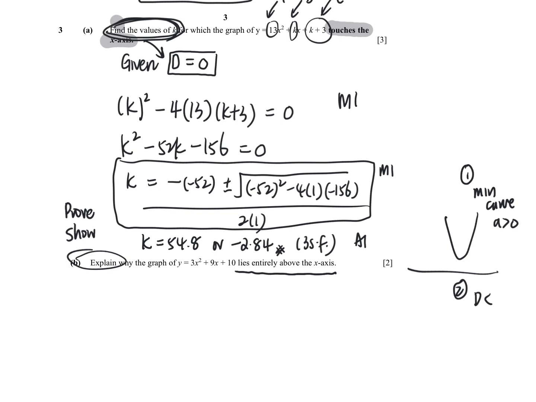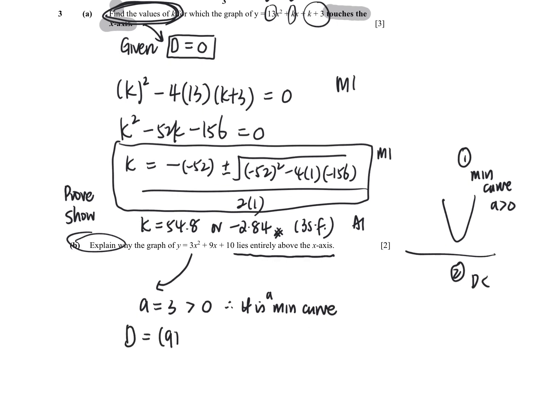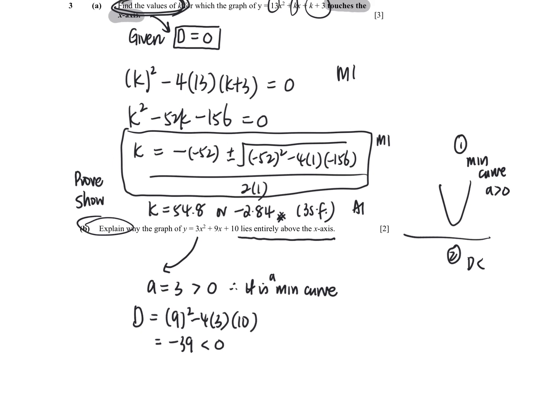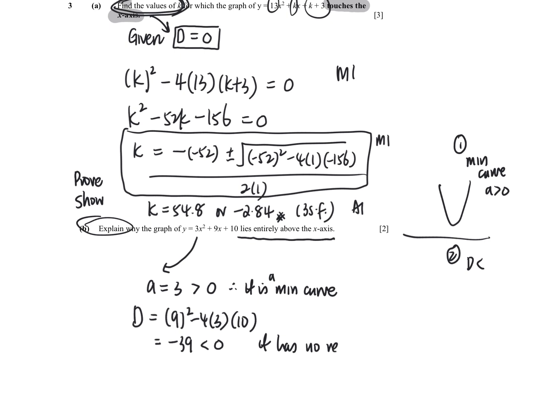So first thing is you go and adopt your a value. a equals 3, which is positive. Therefore, it is a minimum curve. Second, find the discriminant, b squared minus 4ac. And then if you go and calculate, it's negative. So if you know it's negative, it has no real roots.